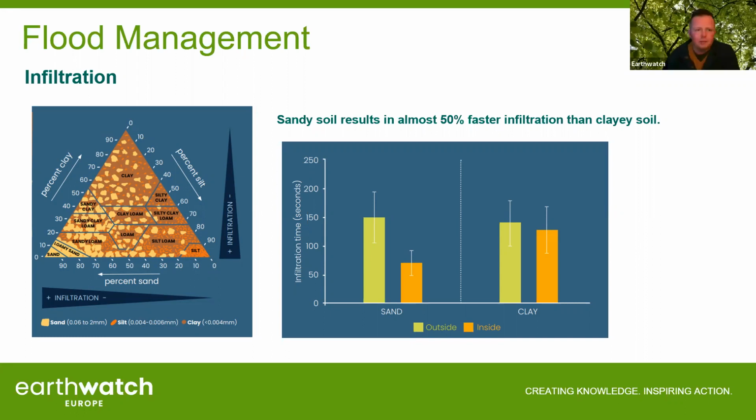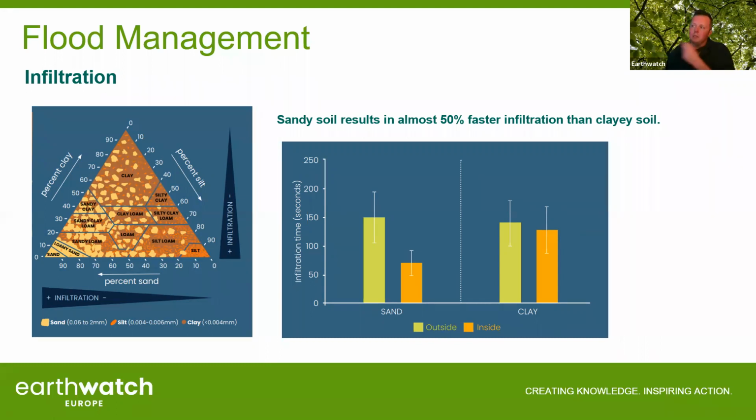I think that's really interesting as well, and in the next slide we talk about compaction, and I think that's going to play a large role in what we're seeing here, because compaction, how hard the soil is, obviously has an impact on how well the water can flow through it as well.